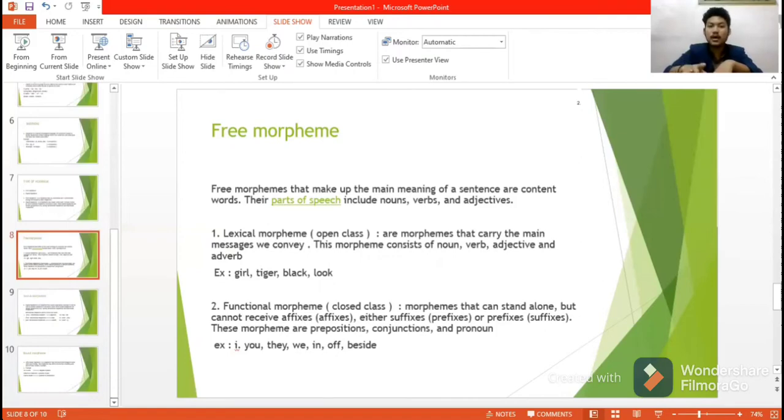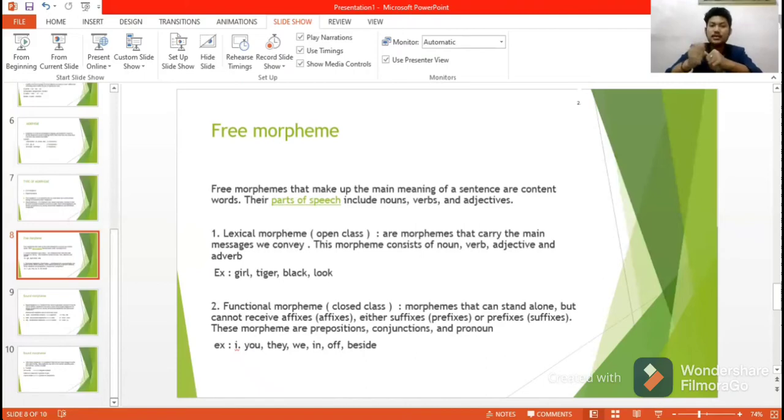Lexical morphemes carry the main message we convey. These morphemes consist of noun, verb, adjective, and adverb. For example, girl, tiger, black, blue. And functional morphemes can stand alone but cannot receive affixes. These morphemes are preposition, conjunction, and pronoun.